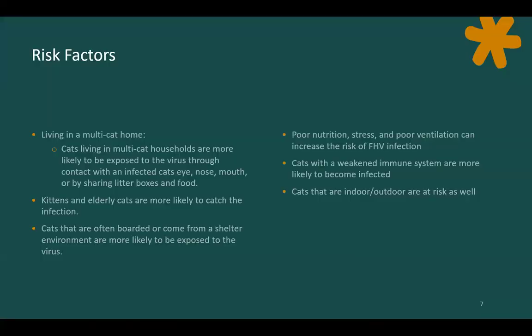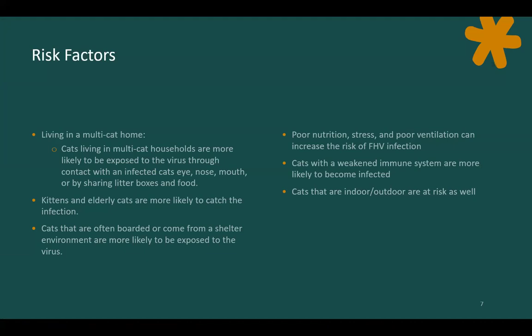So, risk factors of getting feline rhinotracheitis: living in a multi-cat home. If you have more than 2 cats, you have a higher risk of exposure. Cats living in multi-cat households are more likely to be exposed to the virus through contact with infected eyes, nose, mouth, or sharing litter boxes and food.